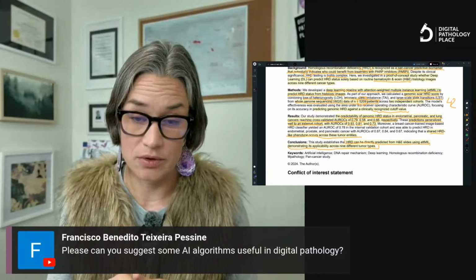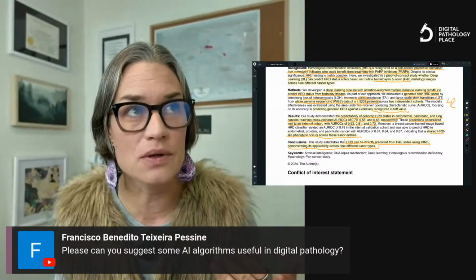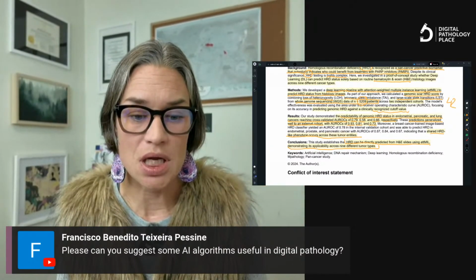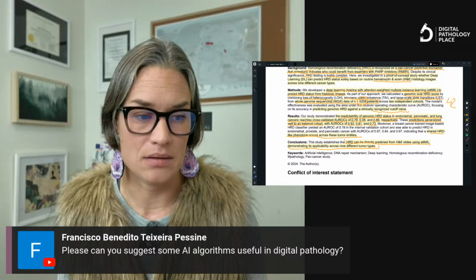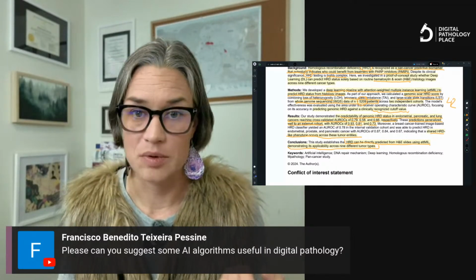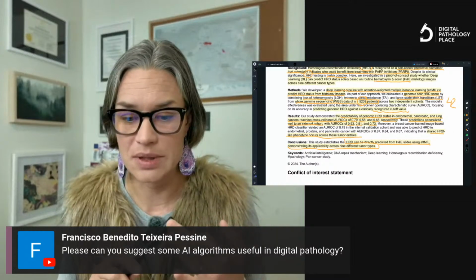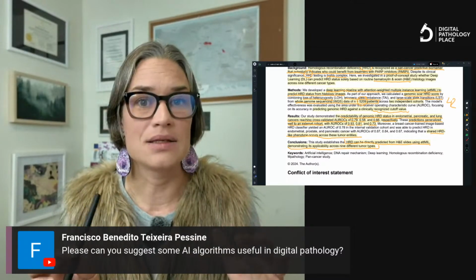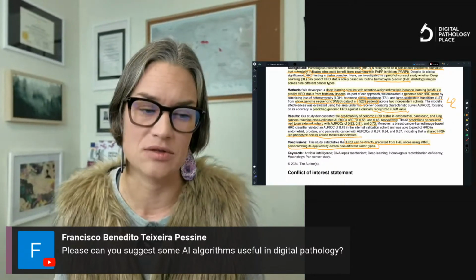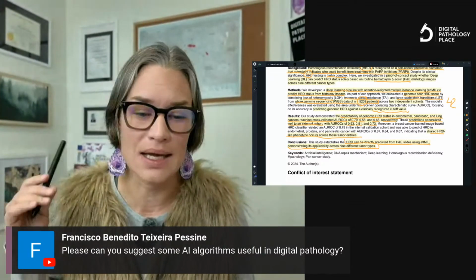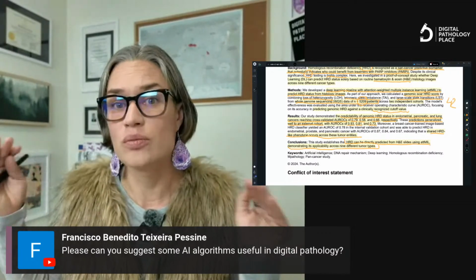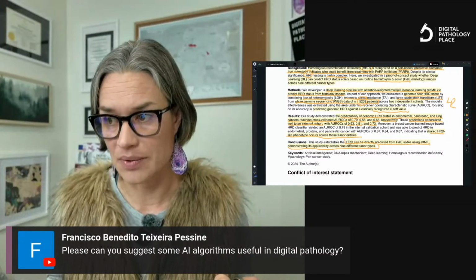Which ones are useful? To me, the very useful ones are the ones that are already being done visually, and then you can just automate them. So that's going to be PD-L1, HER2, Ki67. For research, you can do all kinds of image analysis, but everything that already has guidelines on how to score it is basically like a prescription to build an AI algorithm.